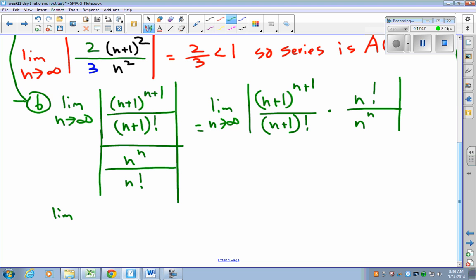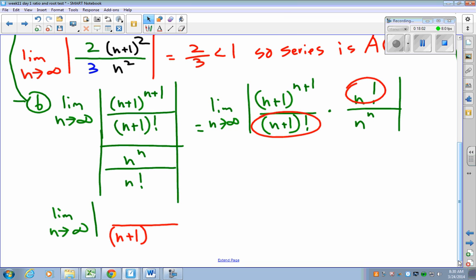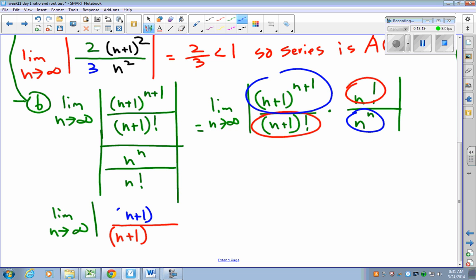Now let's take a look at what we got here. I'm going to deal with this part first. Just from the previous example, you know that there is an n plus 1 left over on the bottom. And here, nothing cancels right now, so I'm going to leave that as this.